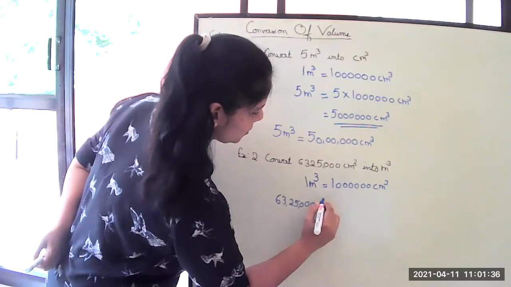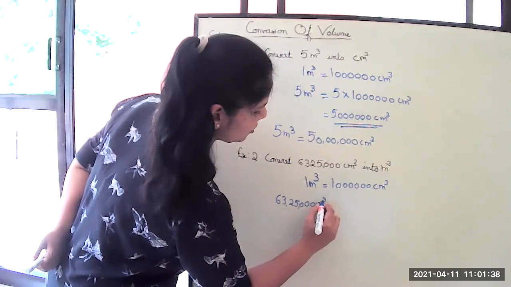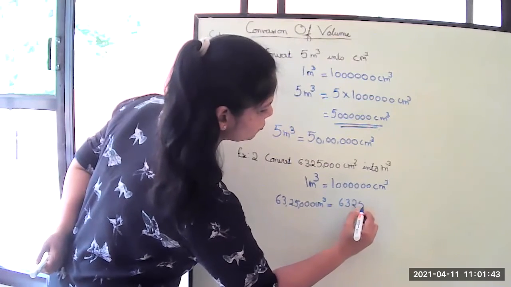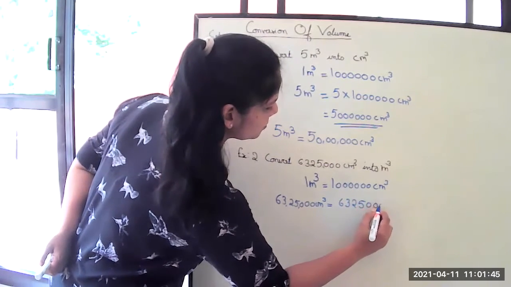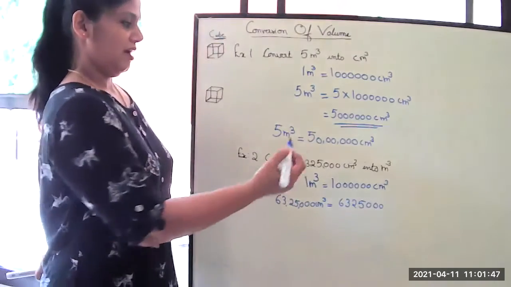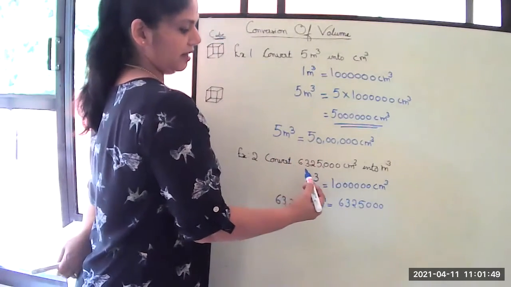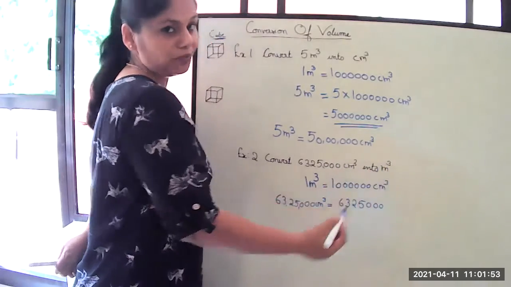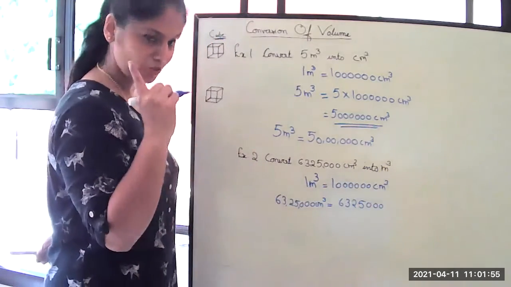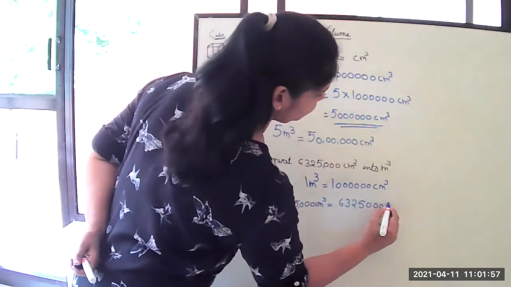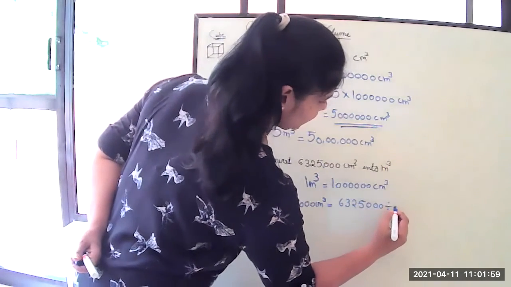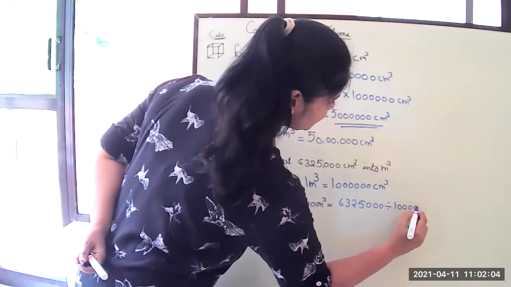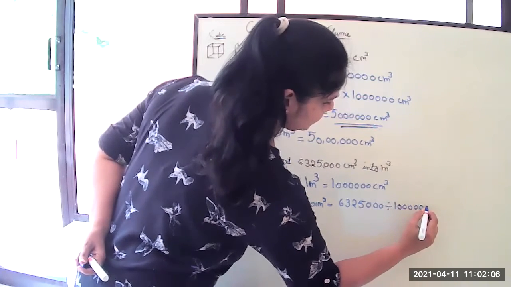Unit is centimeter cube. That is equal to 6, 3, 2, 5, 0, 0, 0. Here, conversion is from smaller unit to bigger unit. So we have to divide, and divide with 1 and 6 zeros.